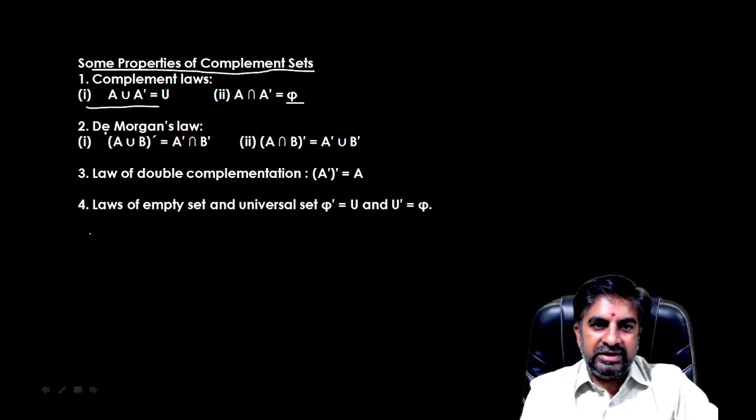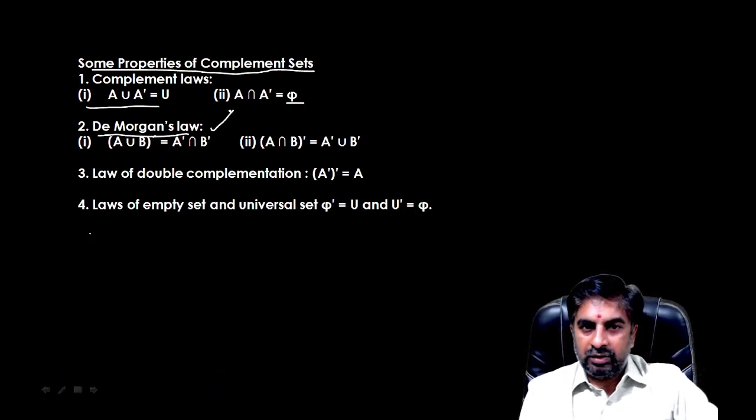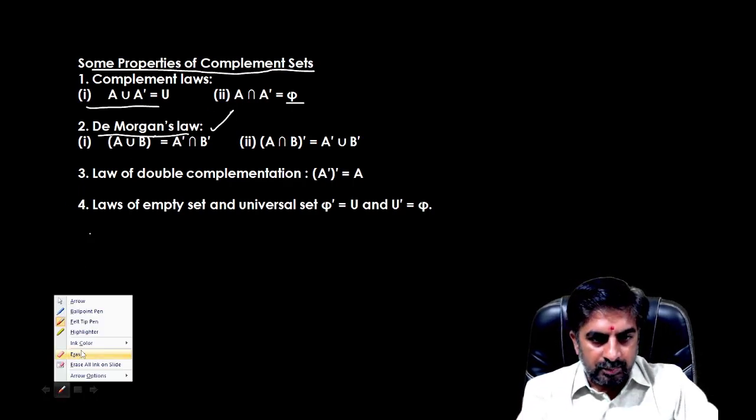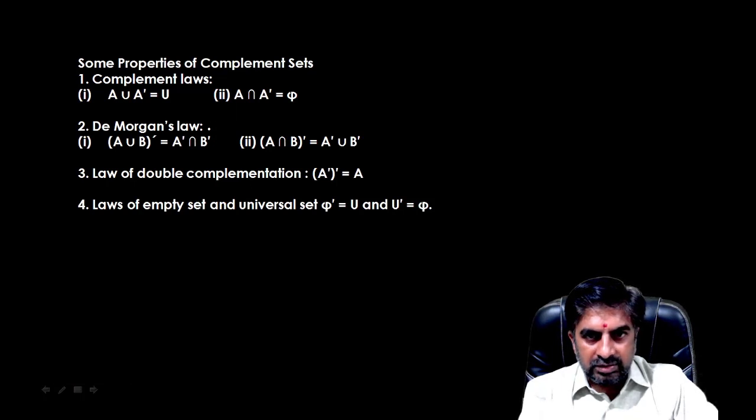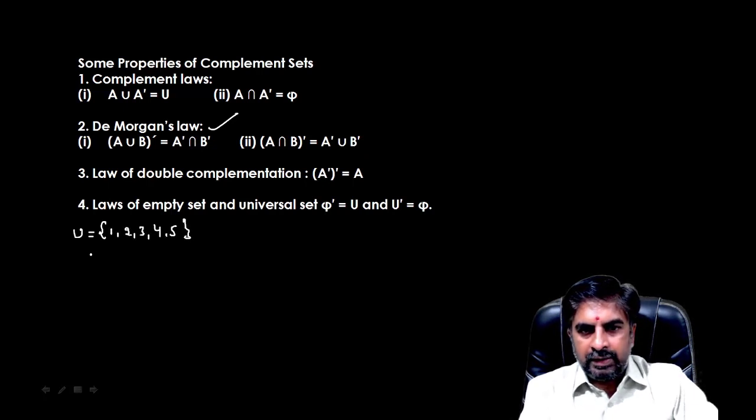Now here is De Morgan's law. This is a little bit important, so I'm explaining with the help of an example. Suppose you have a universal set 1, 2, 3, 4, 5. Let me take A as 1, 2 and B as 2, 3.